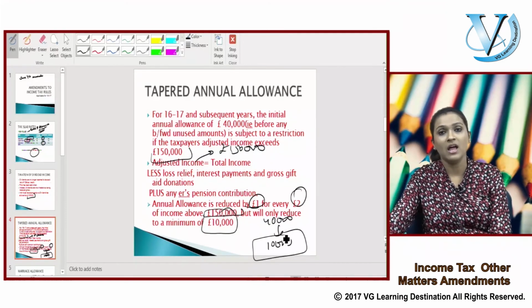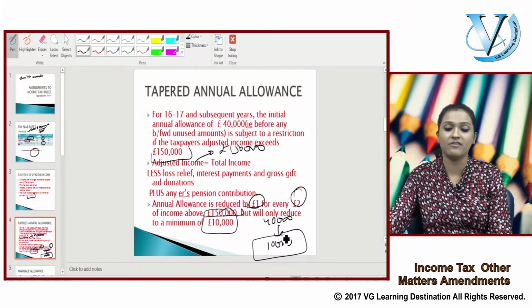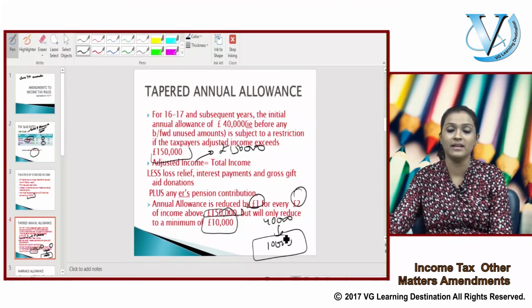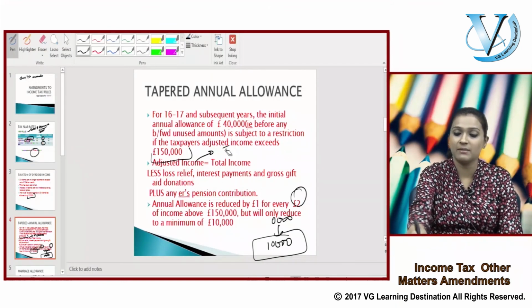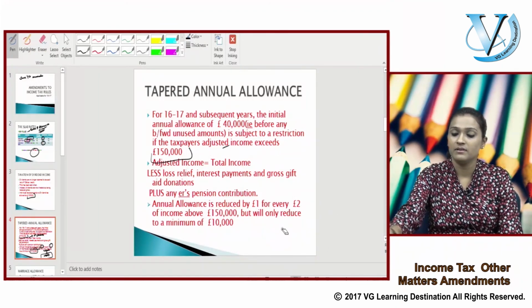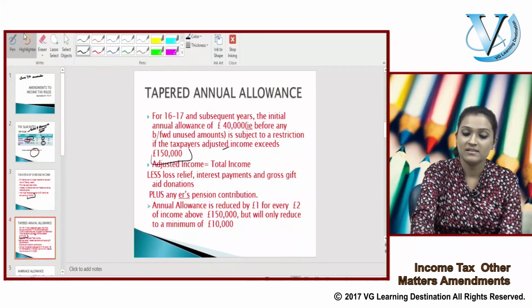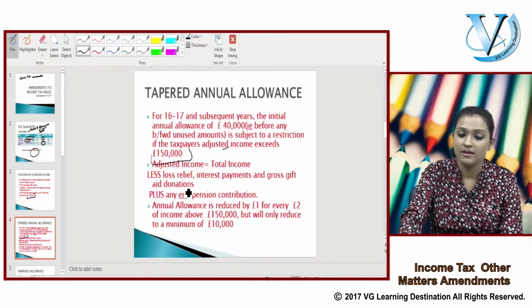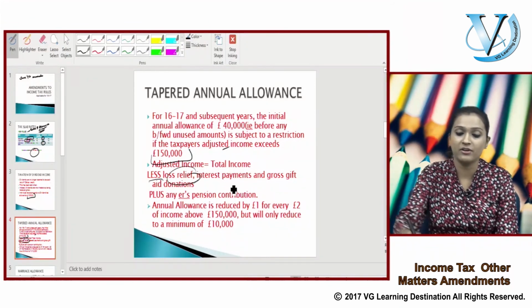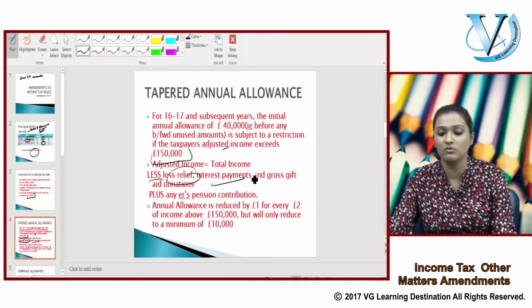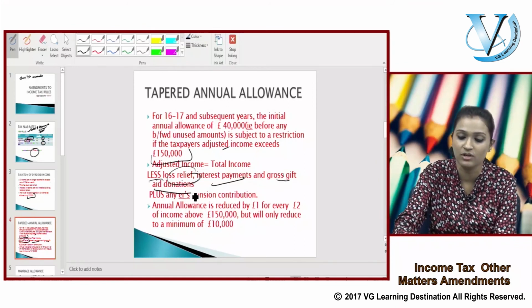Now what we need to look at is the adjusted income. What is adjusted income? It is total income, from which you reduce any loss relief. You also reduce any interest payments and reduce any gross gift aid payments and donations.